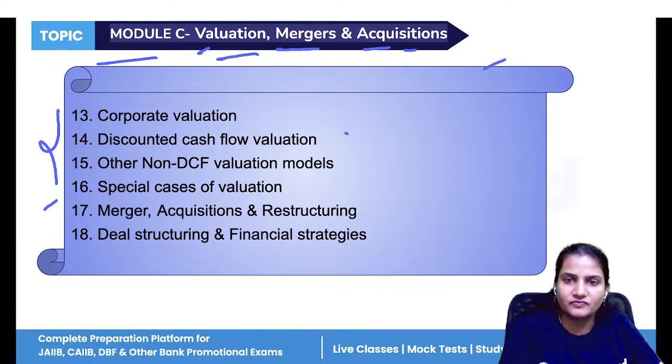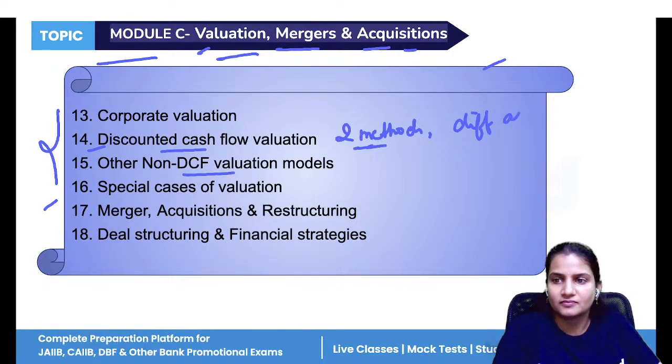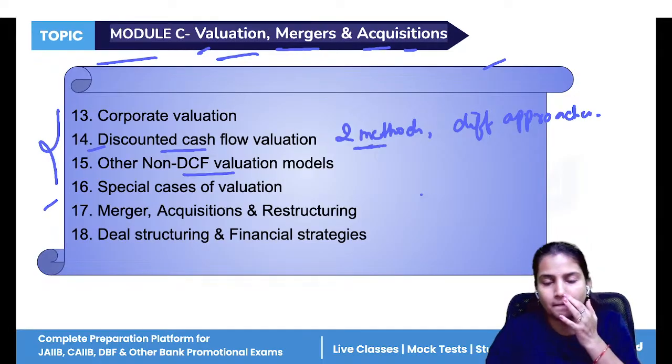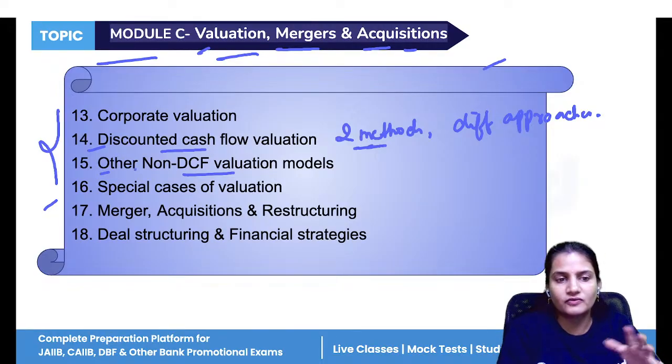In valuation, we have two methods, different approaches. First is the discounted cash flow valuation method. Second is the non-discounted cash flow valuation method. That is, if you are doing the valuation of any company, either you will take a discounting factor or you will not take the discounting factor.